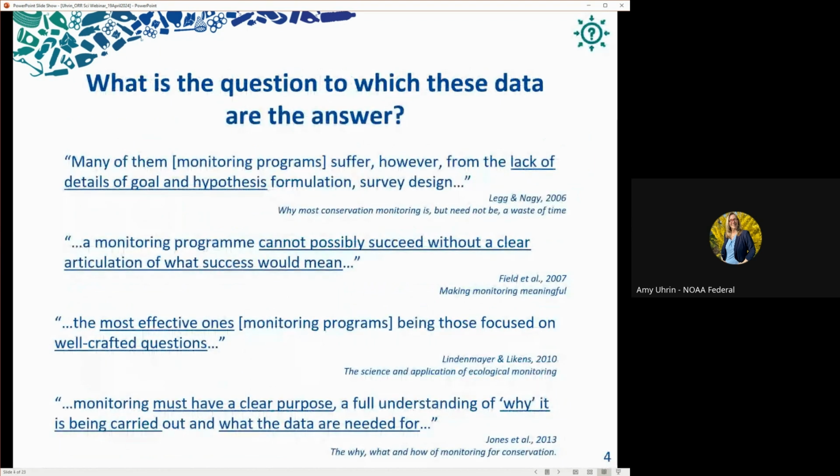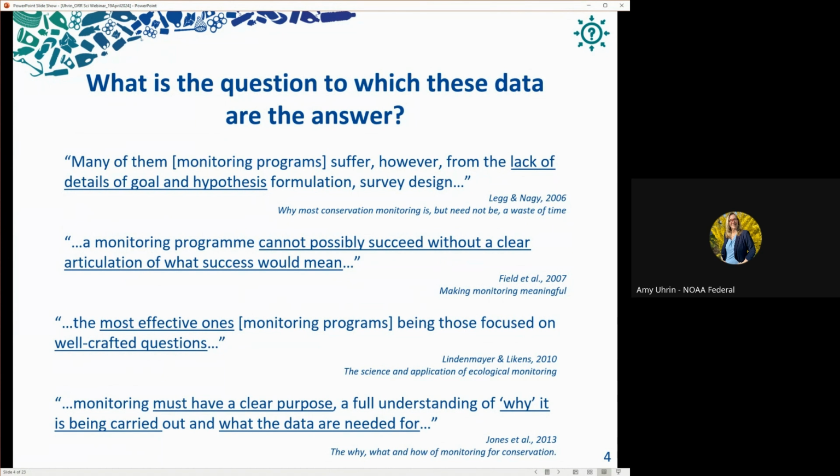So conservation biologists have published at length on what makes monitoring programs successful or unsuccessful. And you can just see from some of these quotes that the single most important driver of success in monitoring programs is development of a clear, purposeful question that the monitoring data will successfully answer.